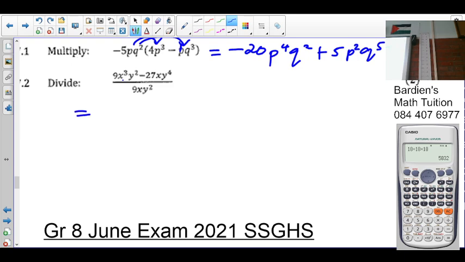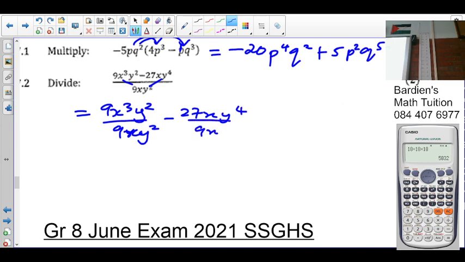Divide. What do we do here? We put each one over its own. So it's 9xy squared minus 27xy to the 4 over 9xy squared. Positive divided by positive? Positive. 9 cancels 9. Y squared cancels y squared.